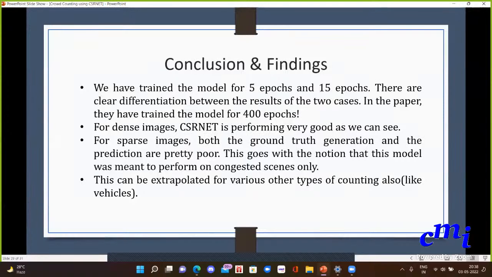They have provided a reference. I think in this context it is important because you're comparing the results of your CSRNet with that ground truth. So you're saying for some images there is a reason to assume that the ground truth itself is not good, which is not clear. I think you need to go over this a bit: exactly how the ground truth is generated with the Gaussian density estimation.